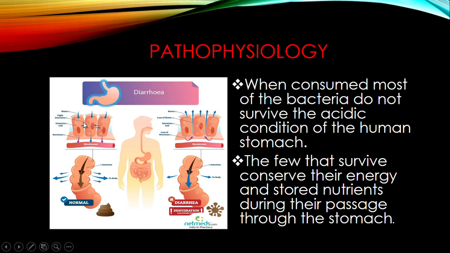As you can see, we have these cells here, then we have the circulatory system. There are these arrows showing the movement of nutrients, the electrolytes, the minerals such as potassium, sodium, all those ions. Then there is also water coming in.